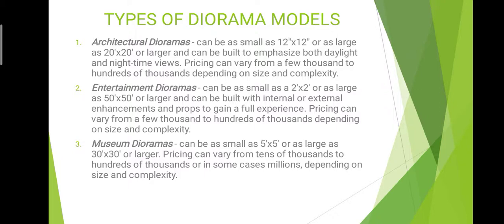Pricing can vary from a few thousand to hundreds of thousands, depending on size and complexity. Architectural dioramas, from the word architecture, can be either 12 by 12 size, that's small, or as large as 20 by 20.